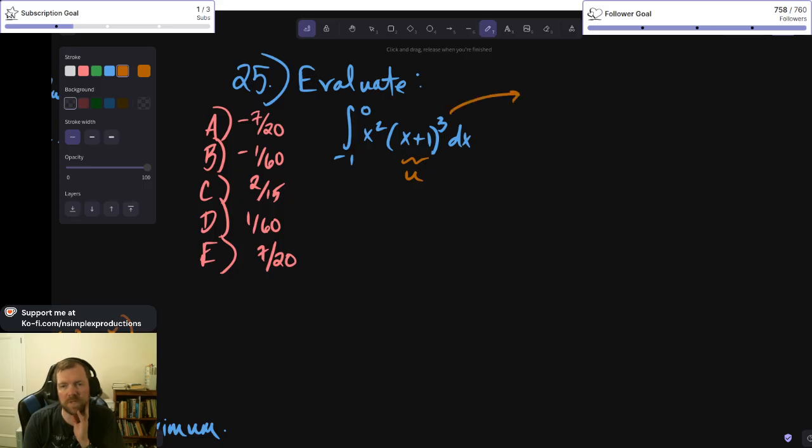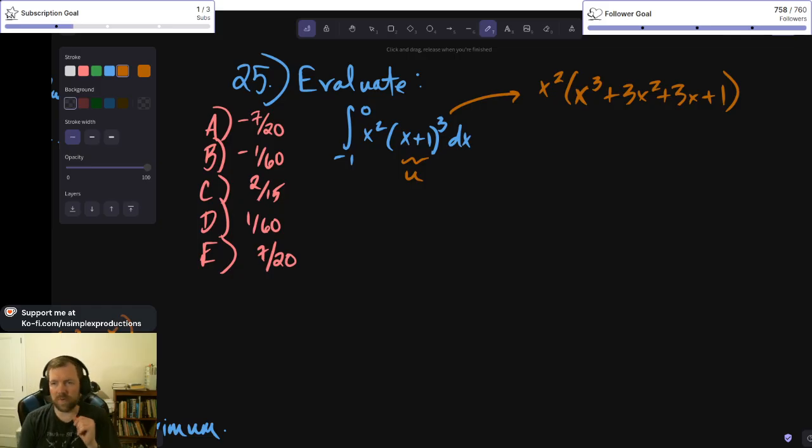So the absolute terrible way to do this would be: we know what (x plus 1) cubed is because our name is n simplex pachinko. And so, of course, we know how to distribute binomials.